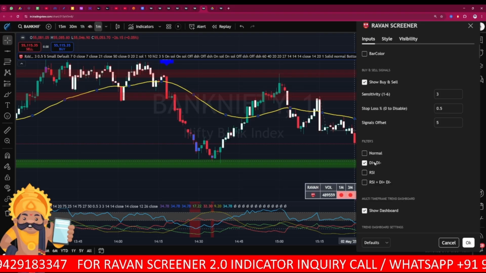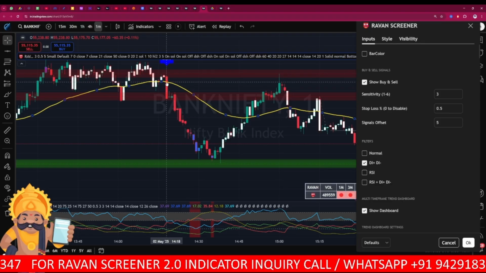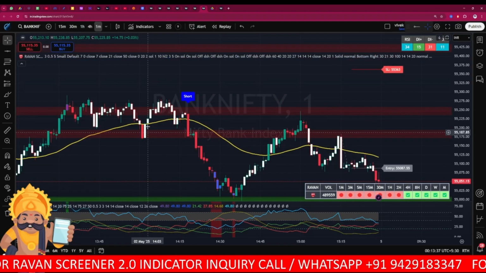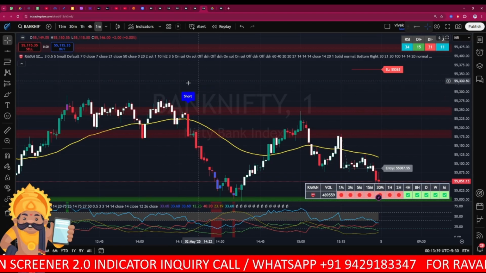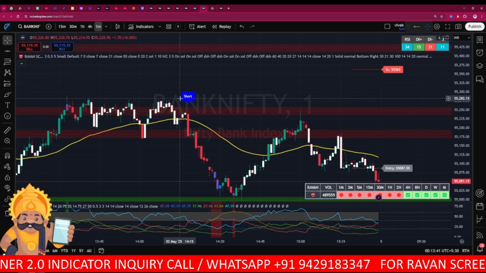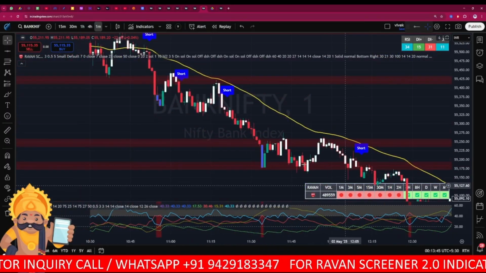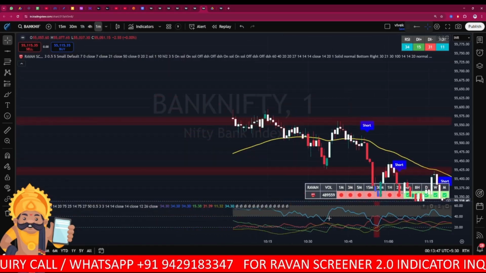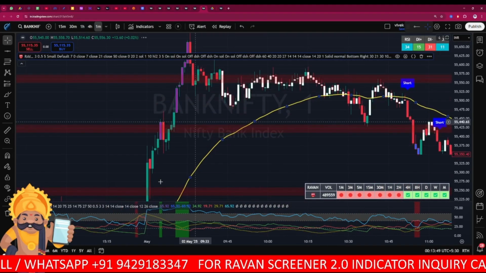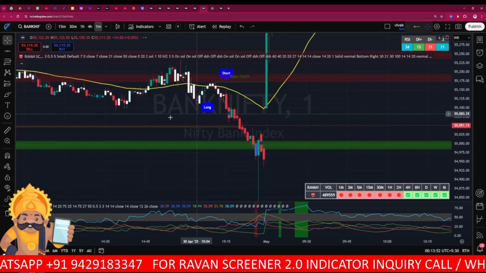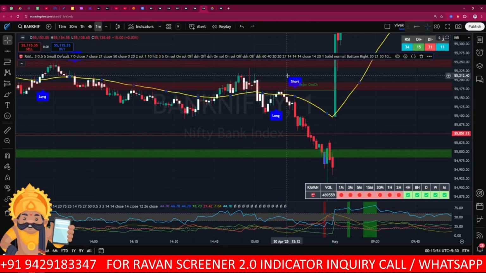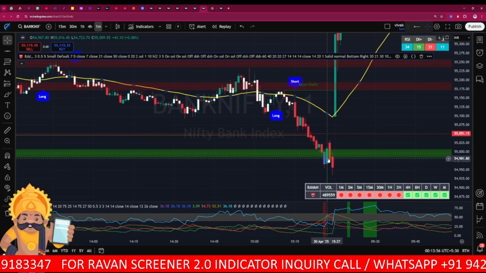I have just clicked on DI plus DI minus, and you can see the confirmation trades. On this specific trade, DI minus has confirmed. On these specific trades, DI minus has confirmed as well.